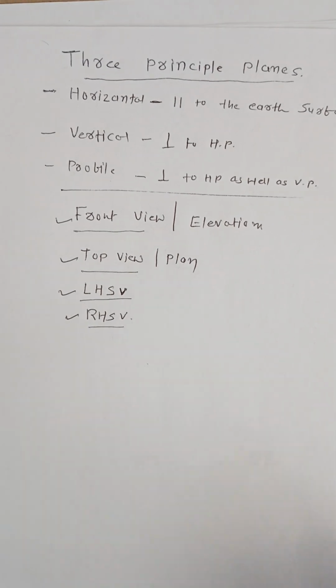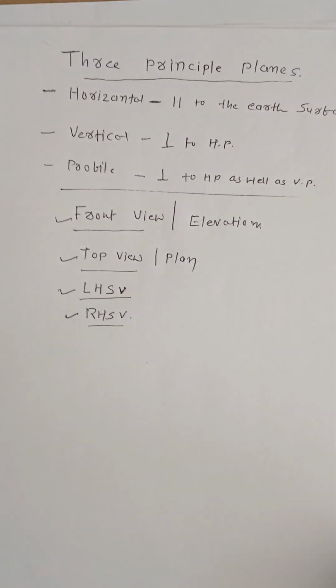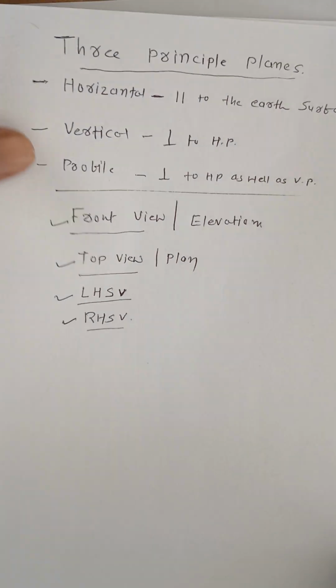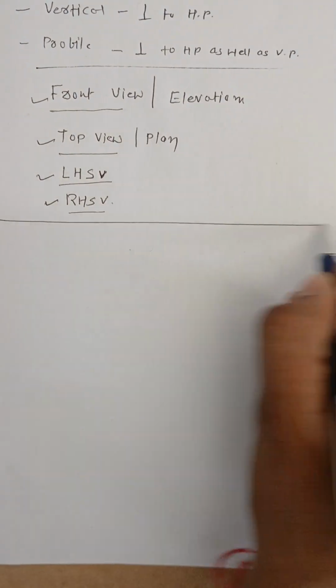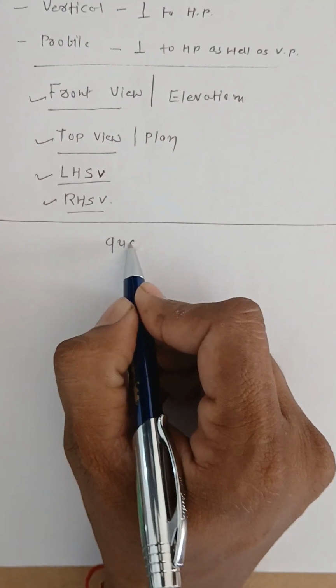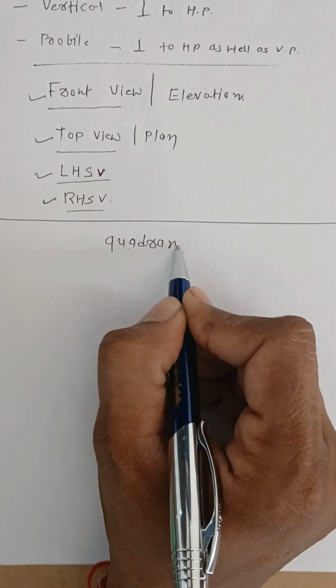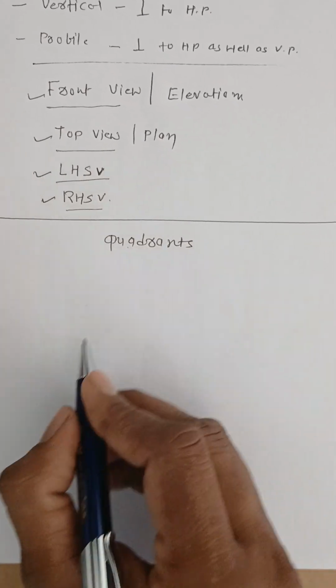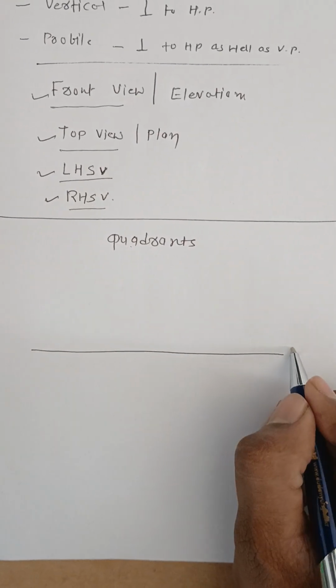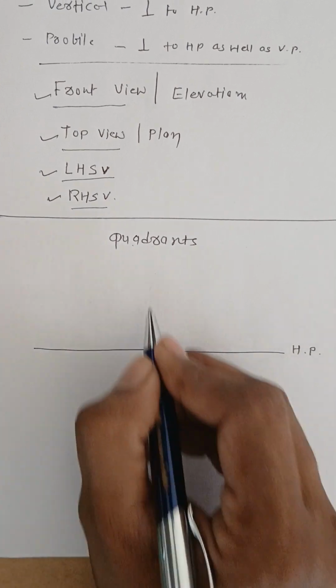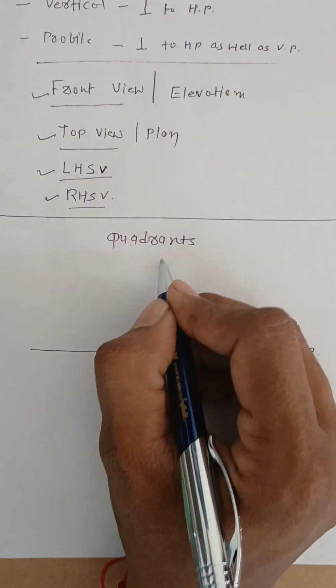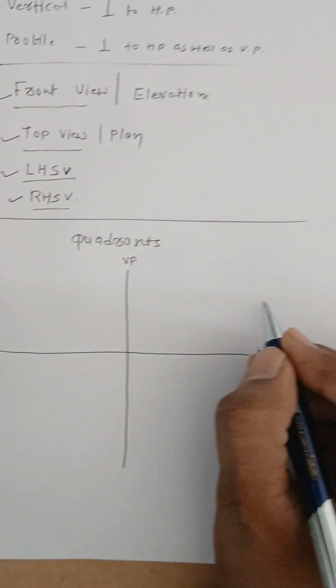Done? Next, we will talk about the quadrants. How many quadrants are there? Okay, let us say this is your horizontal plane, this is vertical plane.